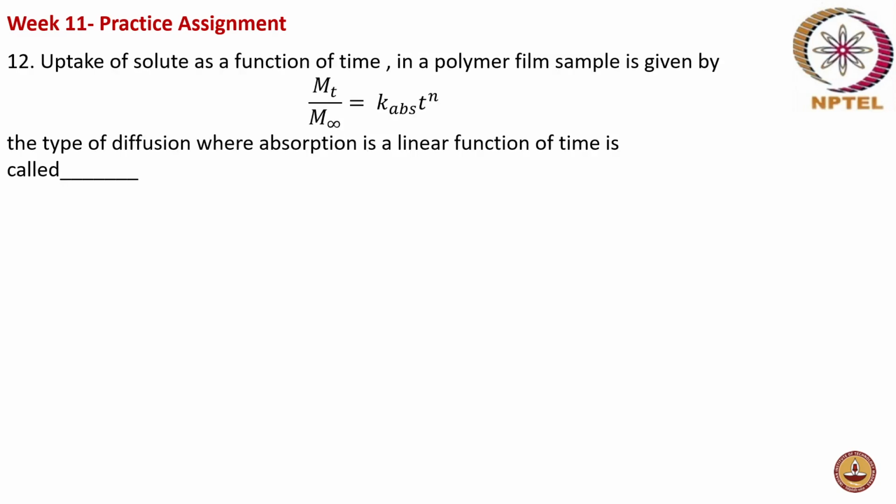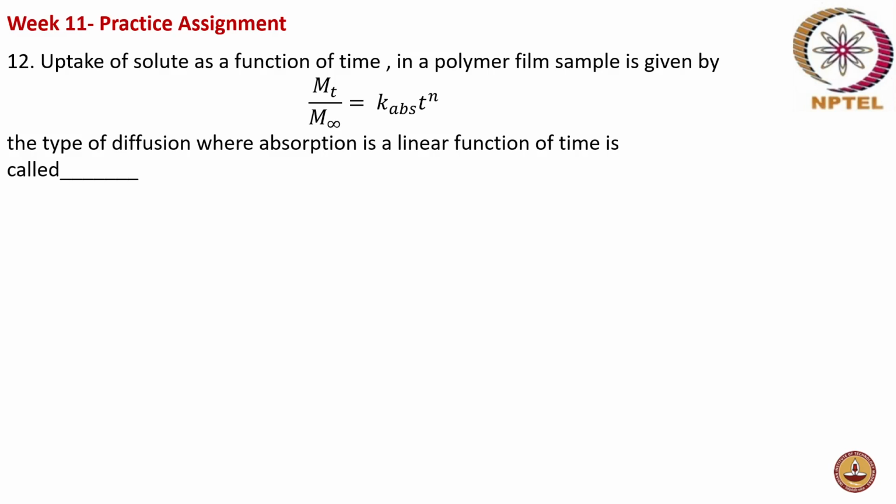Next, uptake of solute as a function of time in a polymer film sample is given by Mt by M infinity equals k absorption into t power n. The type of diffusion where absorption is a linear function of time is called what?